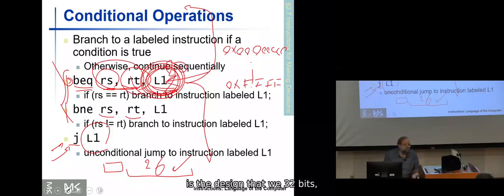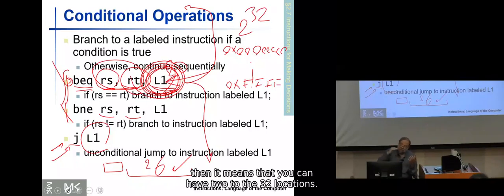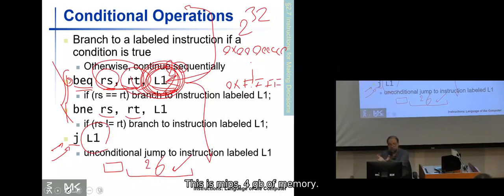With 32 bits, how much memory could we have? 2 to the 32 is how much? 2 to the 30 is a gig, and 2 to the 4 is 4, so 4 gigabytes of memory in MIPS with a 32-bit address bus. If your address is 32 bits, then you can have 2 to the 32 locations. So this is MIPS, 4 gigabytes of memory. That's it.